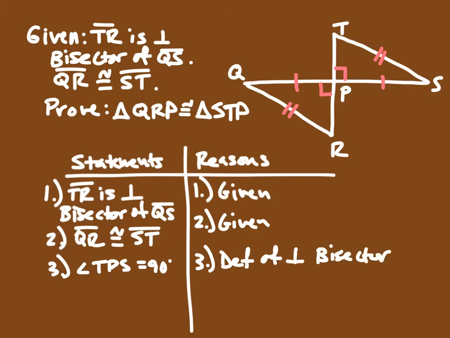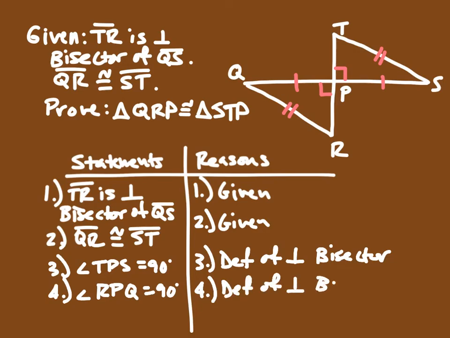Okay, we're going to use that a lot here. Then I can say in my fourth statement that angle RPQ is also 90 degrees. All right, and the reason for that is the same thing. Now you can say definition of a perpendicular bisector. You could also say vertical angles.